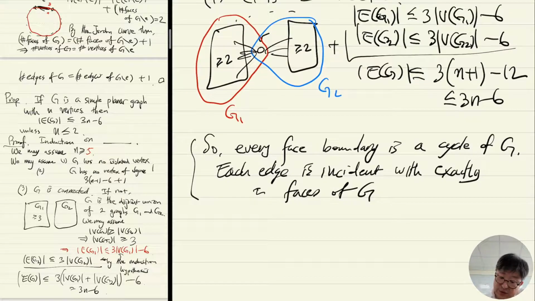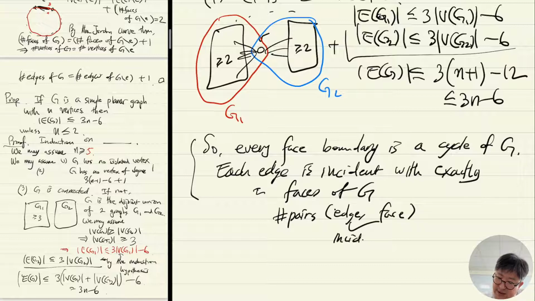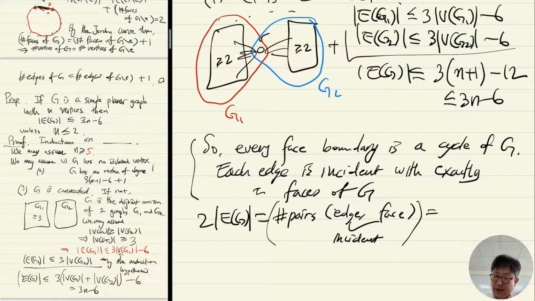Now let's count the number of pairs of an edge and a face that are incident. Okay, how many pairs do we have? It's equal to the number of edges times 2, because each edge is incident with exactly 2 faces. But if we count with respect to the faces, so this is the common technique in combinatorics, you count the same thing in two different ways, with respect to edges or with respect to faces.